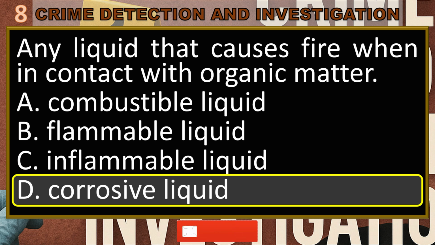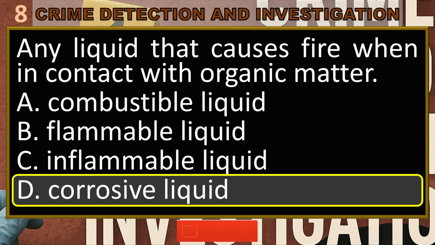Explanation of other choices. A. Combustible liquid. Burns when ignited at higher temperatures, flash point greater than or equal to 37.8 degrees Celsius. Needs an external ignition source and does not spontaneously cause fire upon contact with organic material. B. Flammable liquid.